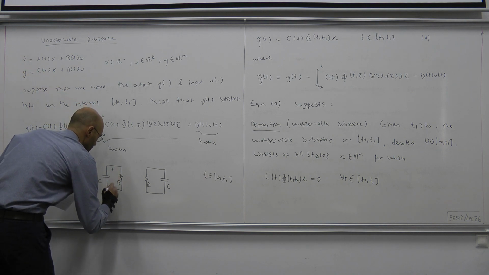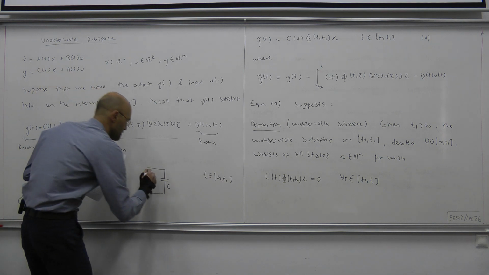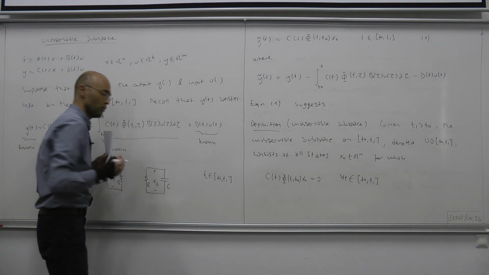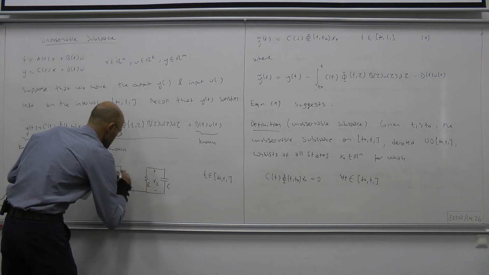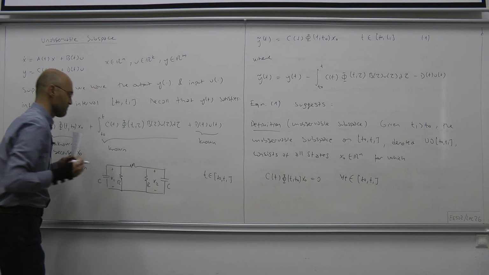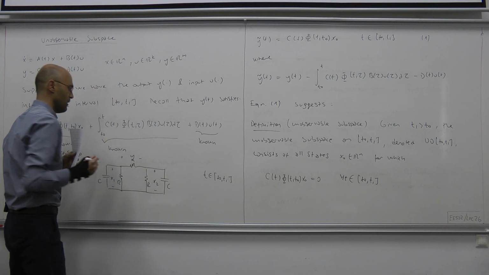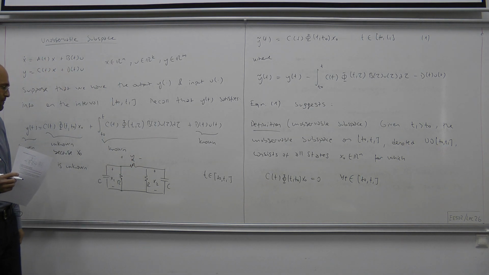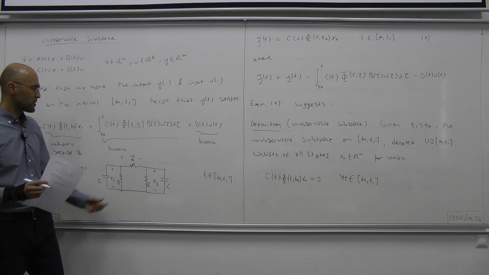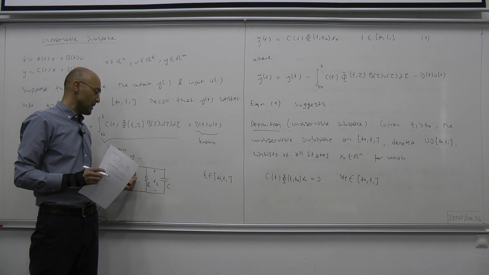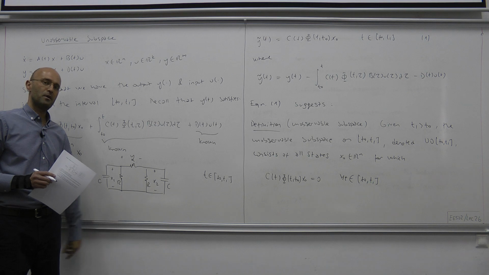Let's call this X1, the voltage of the first capacitor, and this voltage X2, the voltage of the second capacitor. Then we make these two separate circuits into one by adding a third resistor here, and let's call this our output, Y.